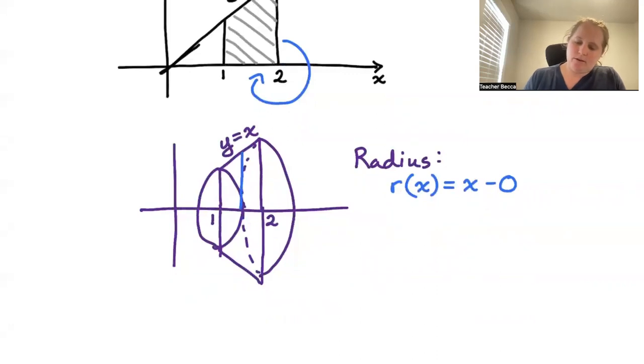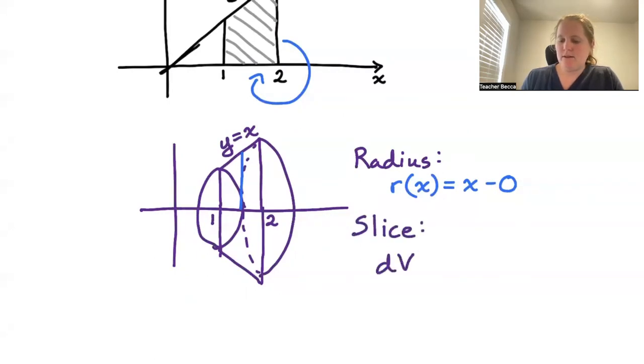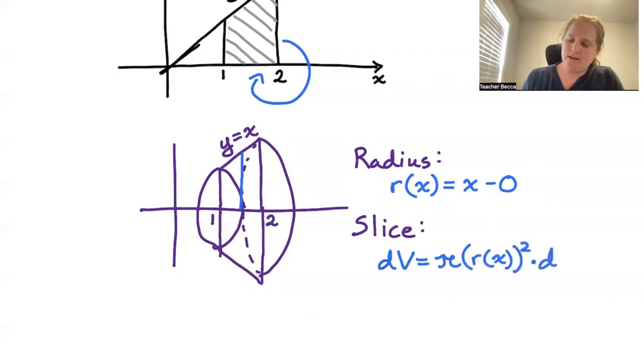We have our dV, so our volume slice. We have dV should be pi times r of x squared times dx.